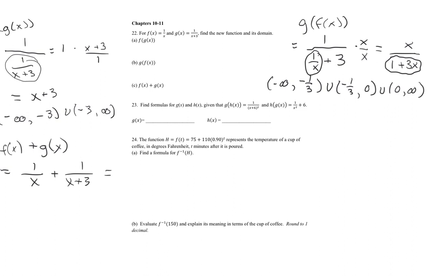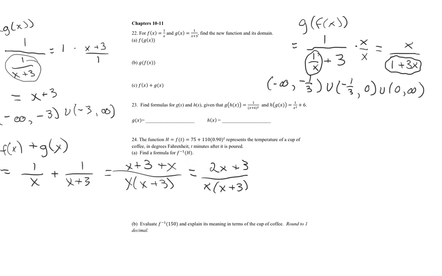And so I will have x plus 3 times 1 on the left fraction plus x over x times x plus 3. This is the combined fraction. I'm going to keep simplifying here. So this is 2x plus 3 over x times x plus 3.